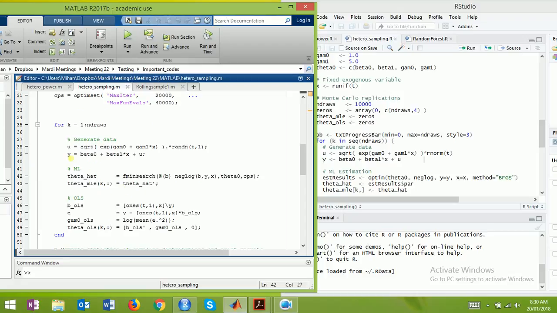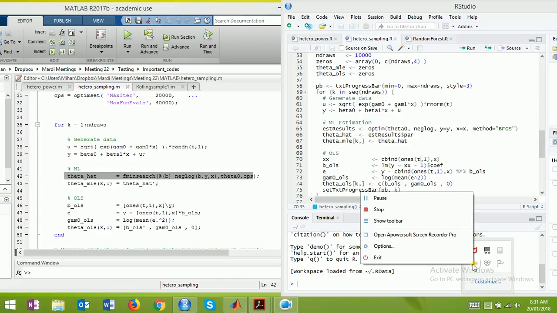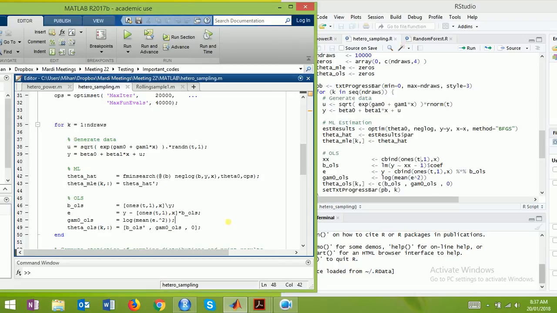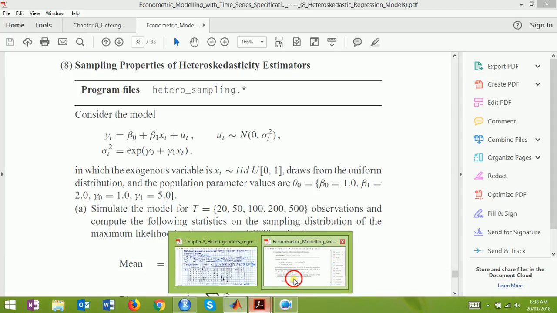Generate data, use the generated data for parameter estimation. And then we do OLS. For the replications, what do we do?